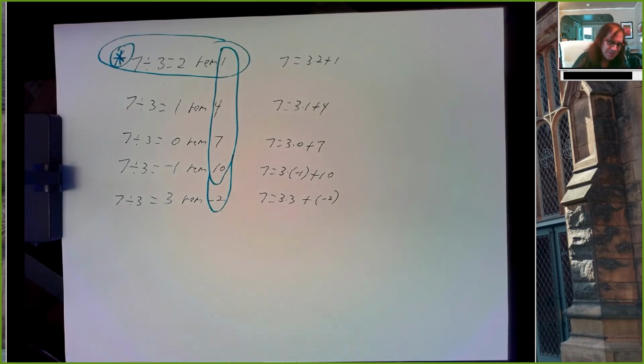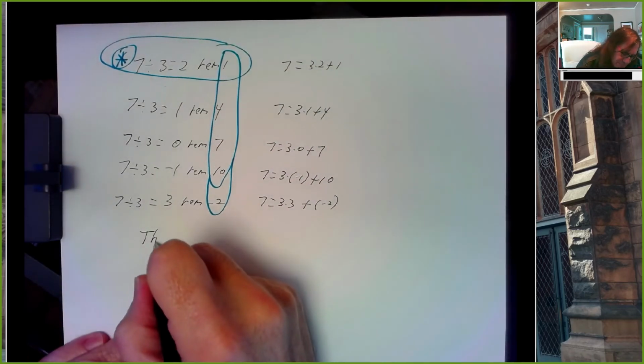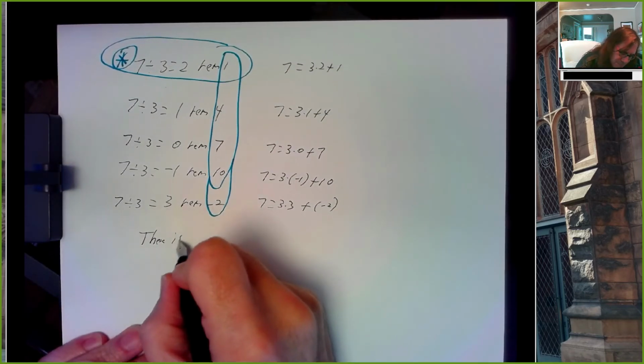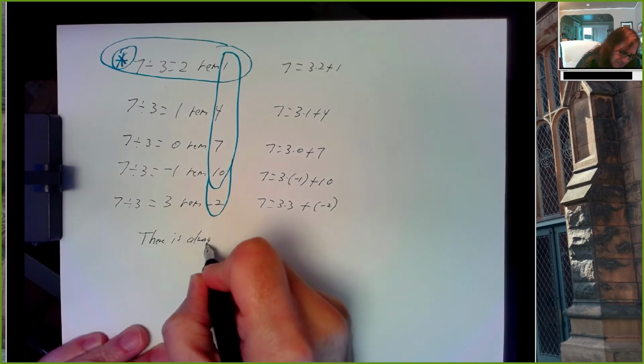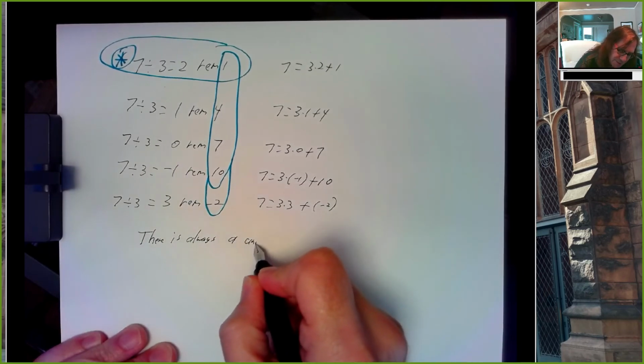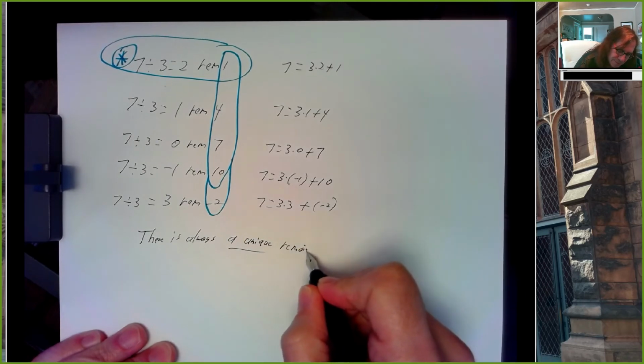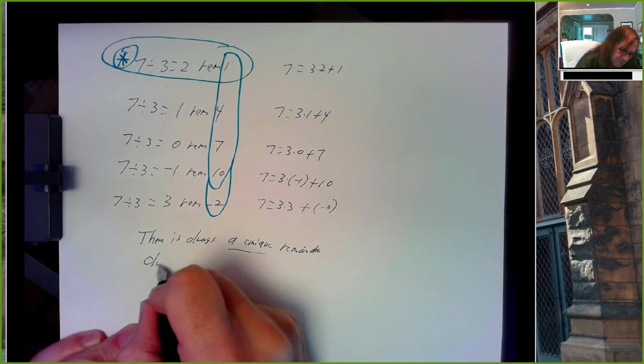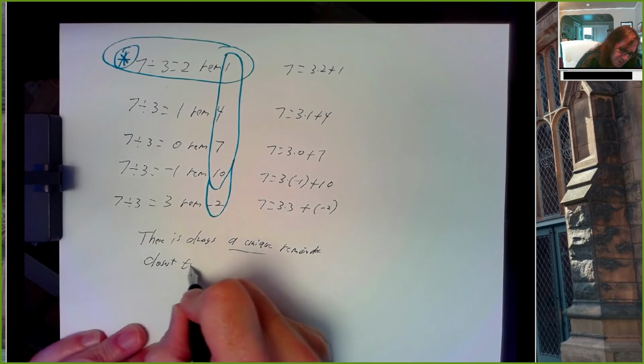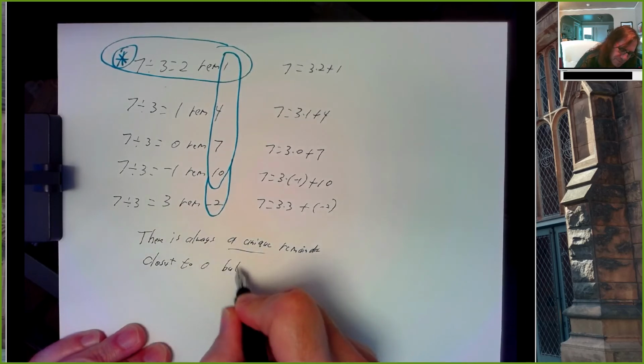So here's the thing. There's always a unique remainder closest to 0, but not negative.